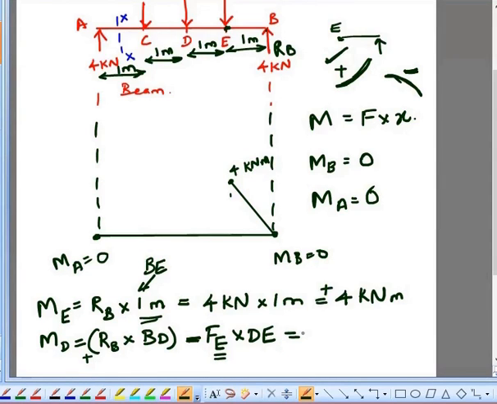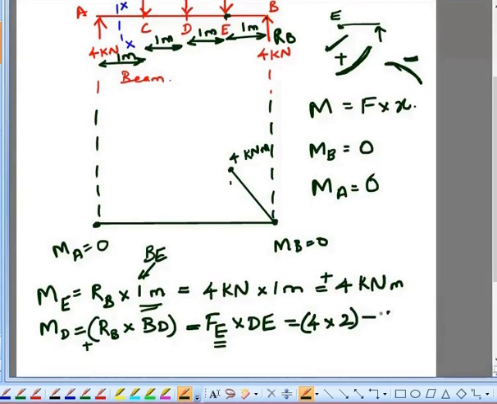So RB is 4 and the distance BD is 2, and the force at E is 2 and the distance DE is 1. If you solve this, you will get 6 kilonewton meter. So this is the bending moment at point D. At point D, I am having a bending moment of 6 kilonewton meter on the positive side.